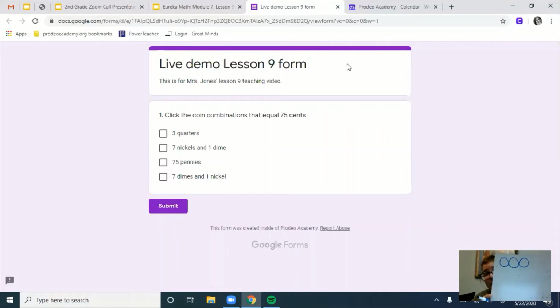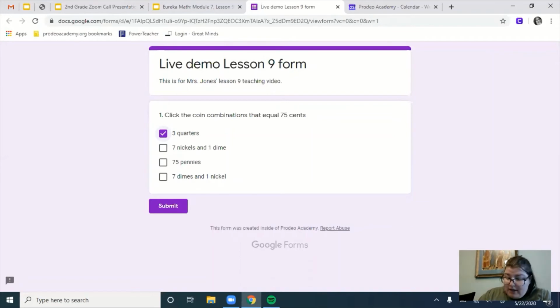Since it's 3 quarters, I'm going to go ahead and draw 3 circles and write 25 cents in each one. If it's helpful for you to skip count underneath, like this, then you can go ahead and do that. I know 3 quarters equals 75 cents.